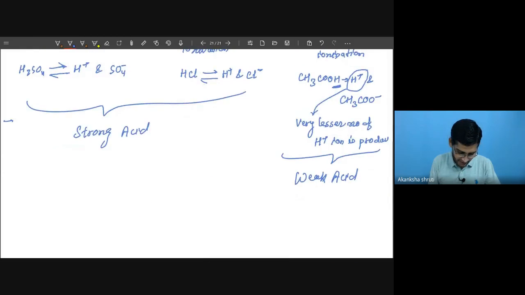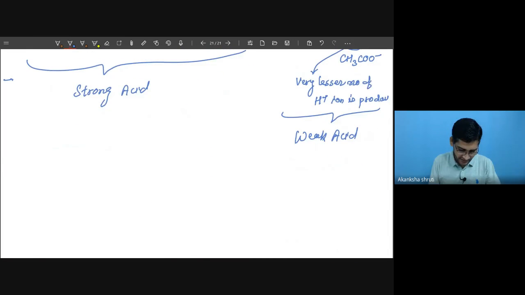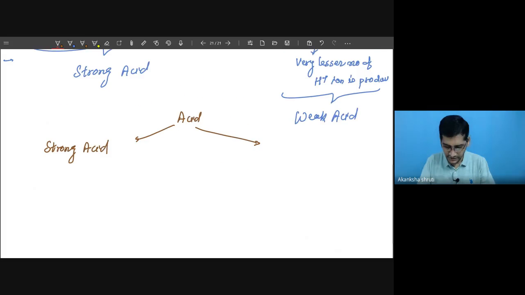So you may write this as strong acid, and another characteristic called pH we will also write, and weak acid.